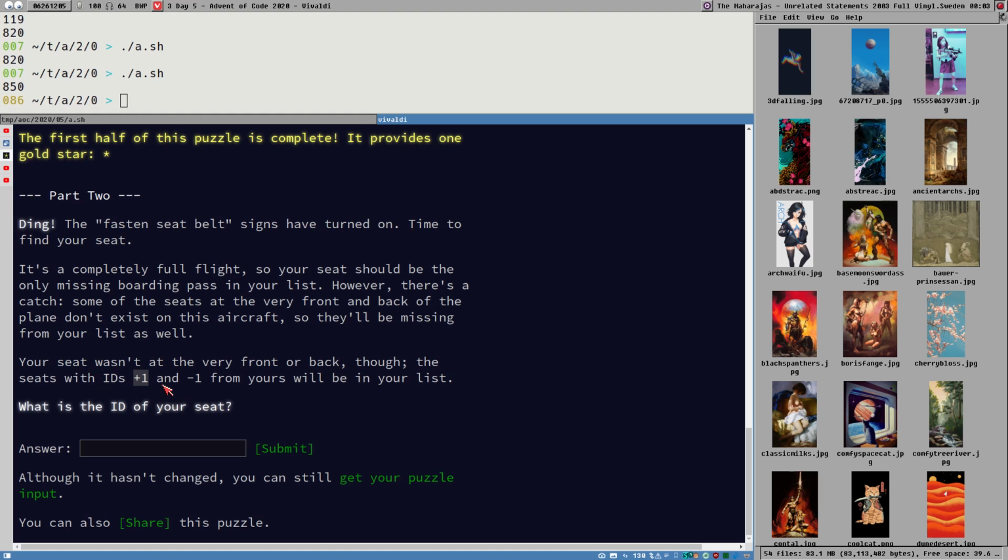Seats with... Okay, so the seats that have ID 849 and 851.